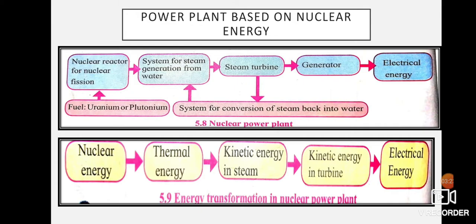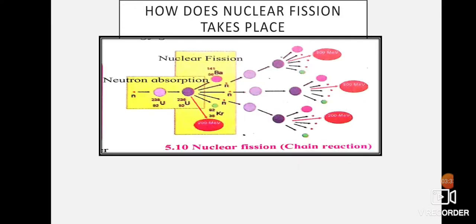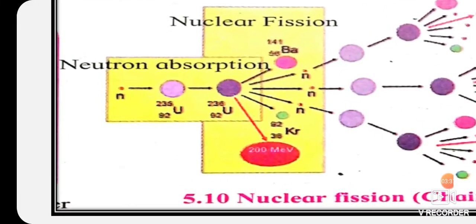Now let us see what type of reaction takes place over here. The reaction that takes place in the nuclear reactor is known as the nuclear fission reaction. Here, a neutron is bombarded, you can see a neutron is bombarded here, and the atom we have taken here is uranium-235. This atom of uranium-235 is bombarded by a neutron.